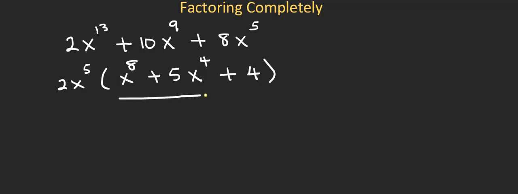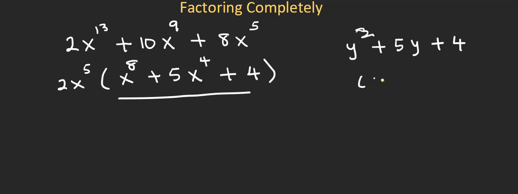Now, if you look at it carefully, you might say, oh, this is not factorable. However, let's think about this. How about when you have y squared plus 5y plus 4? Is this factorable? Well, it's going to be y plus 4 times y plus 1.